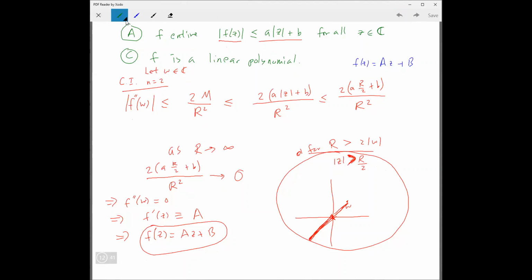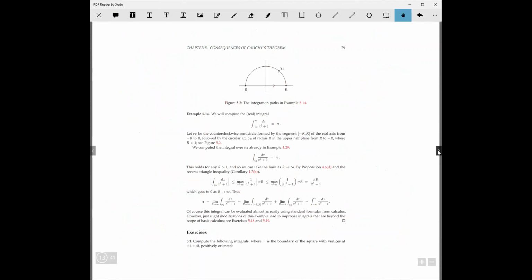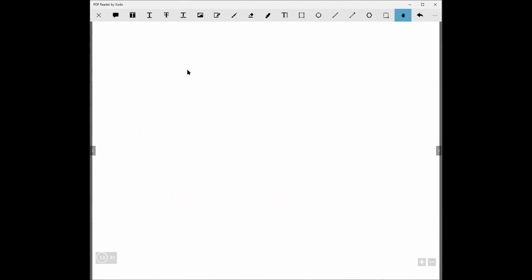So that's another example. This right here is Cauchy's inequality for n equals 2. But let me give you another example.